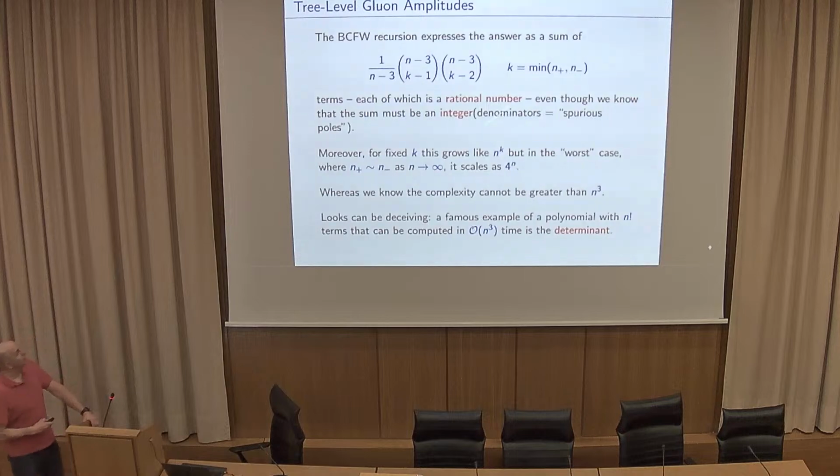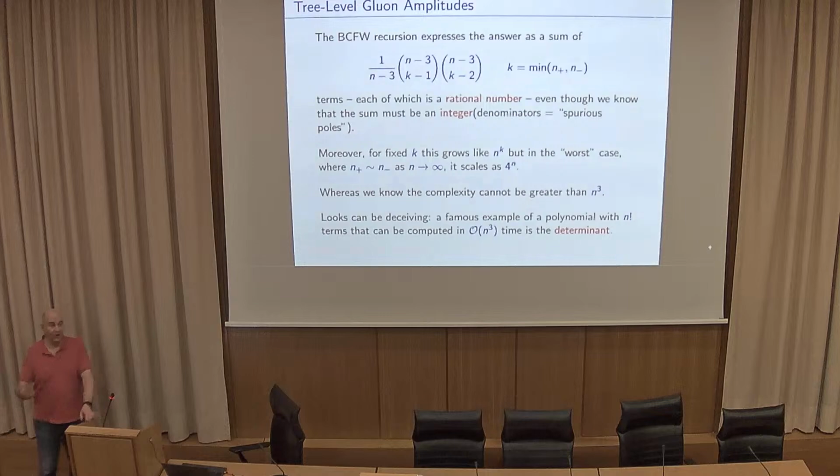Okay, now if you look at this quantity here, for fixed k, this grows like n to the k, but in the worst case scenario, if you want to take a large number of positive helicity gluons and a large number of negative helicity gluons simultaneously to infinity, that number grows like 4 to the n. Whereas I already told you that we know, based on work from decades ago, that the answer cannot be worse than n cubed.